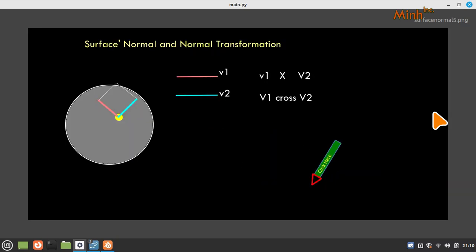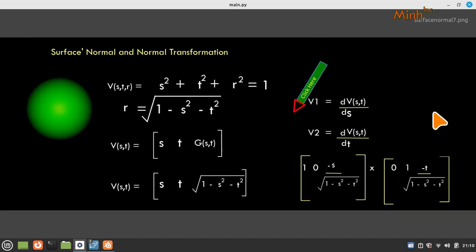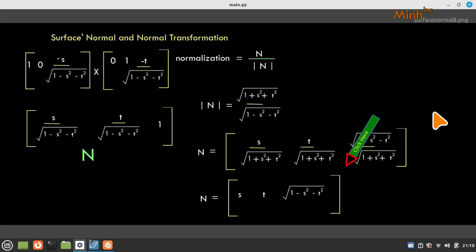So we are getting s and t. If we are getting two vectors that constitute a surface, then the normal will be the cross of these two. Now the cross of these two, there is a formula for that. If this is A, B and C, A1, B1 and C1, and this is A2, B2 and C2, there is a formula to calculate, and we calculated.